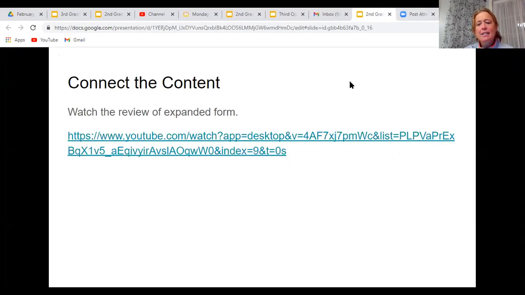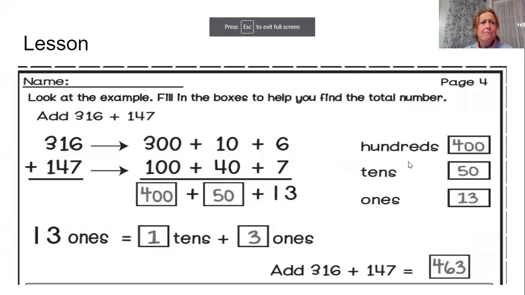Okay, so like I said, that was to give you a review on what expanded form is. Today we are going to do a math problem using expanded form, but first we're going to look at this example.